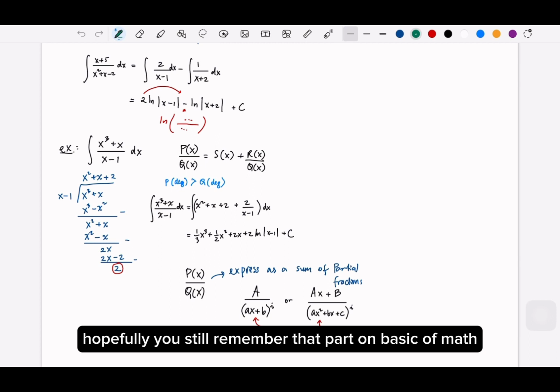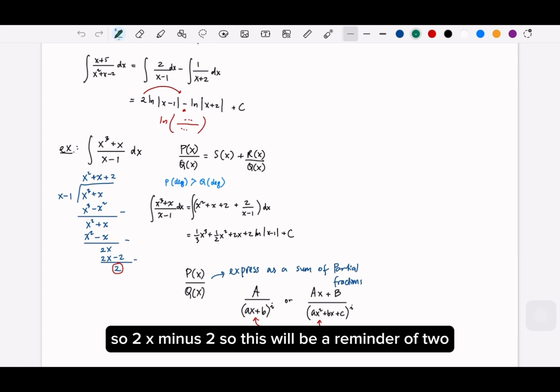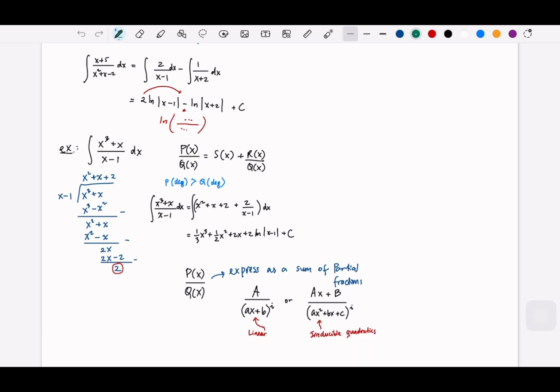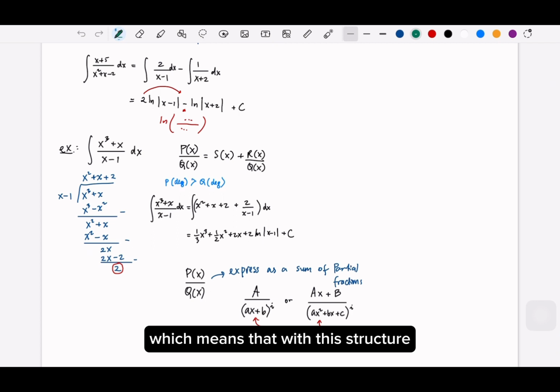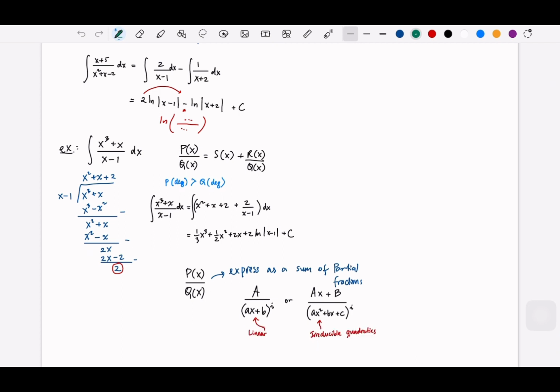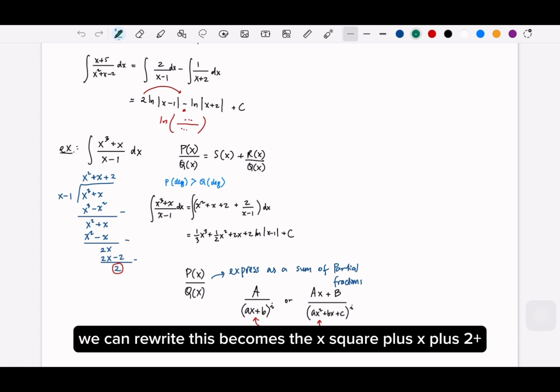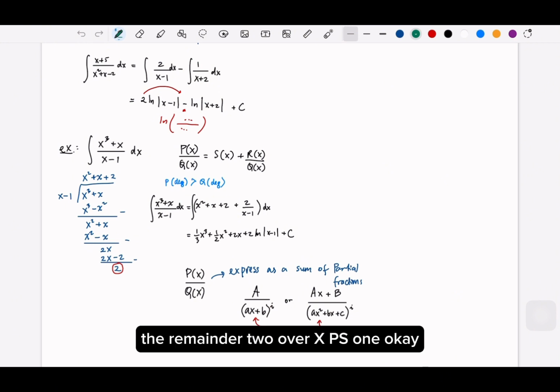Hopefully you still remember that part of basic math. So 2x minus 2, so this will be a remainder of 2. Which means that with this structure we can rewrite this as x squared plus x plus 2 plus the remainder 2 over x minus 1. And we can integrate this easily.